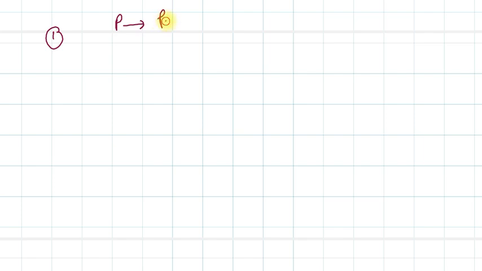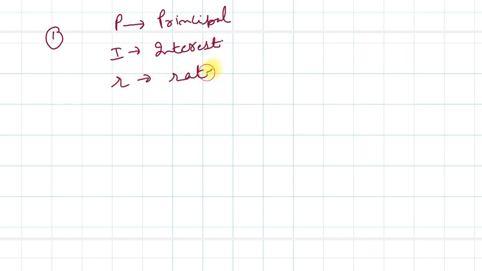P is principal, I is interest, R is rate of interest, A is amount. So you have to keep in mind these basic things, right?